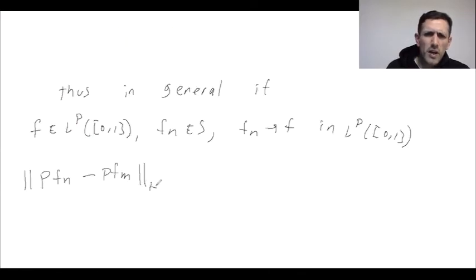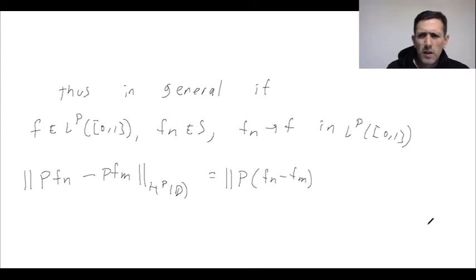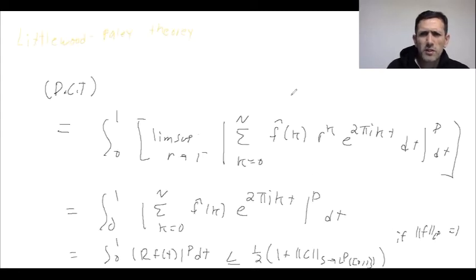Okay, so the H^p norm, well, P is definitely linear. So I guess really we don't necessarily want the L^p norm to be 1. We actually do get the L^p norm here.